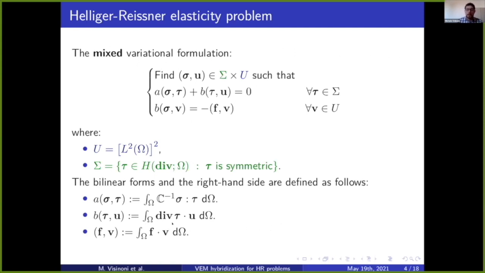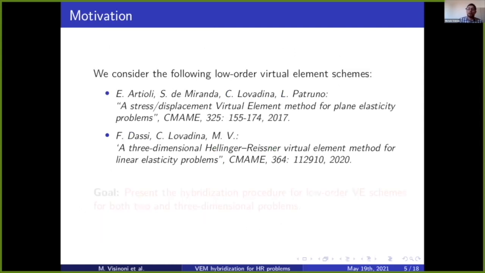This morning we have seen some virtual element schemes for this problem, and today we focus our attention on the low order VEM scheme, in particular the case k equal to 1/2. In the first article, the authors designed and implemented this VEM scheme for 2D problems, and here we did the extension to 3D.